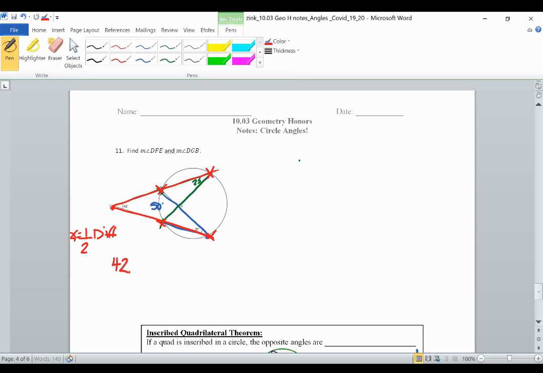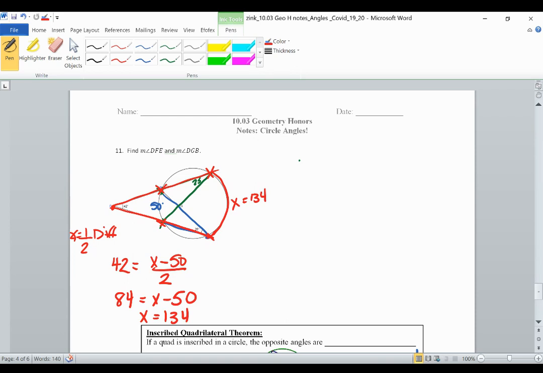So 42 would be equal to this large arc out here, which I don't know, so let's call it x, minus 50, over 2. Multiply both sides by 2 to get 84 equals x minus 50. Add 50, and x is 134.